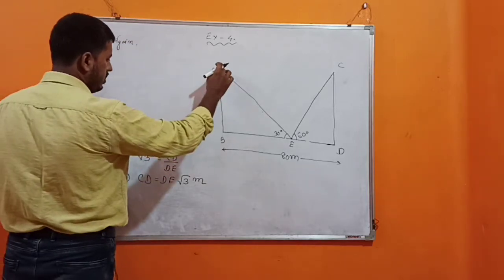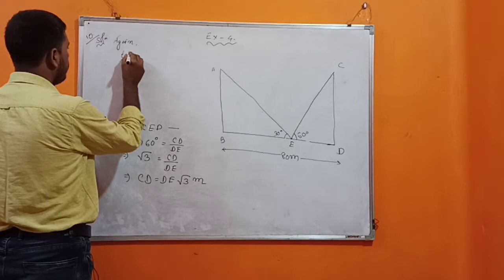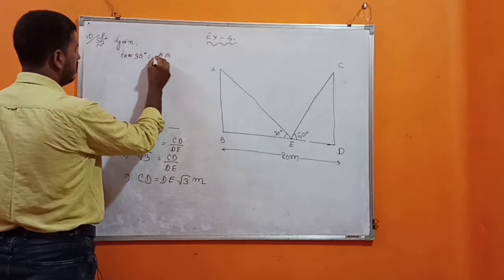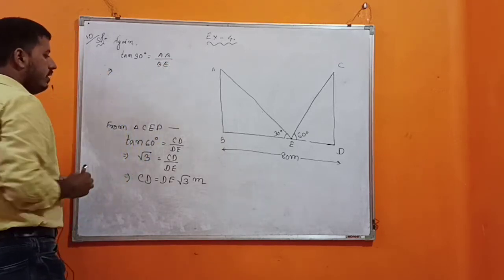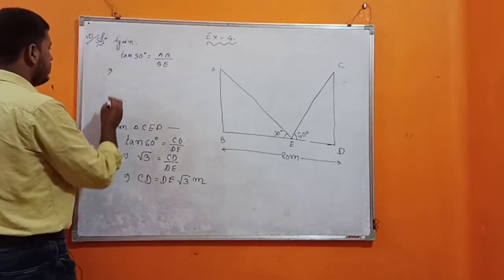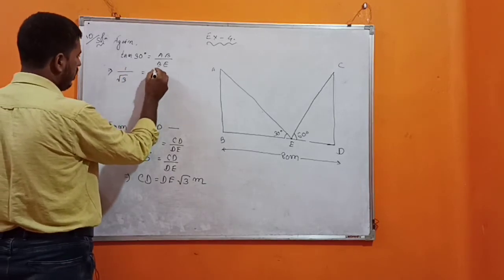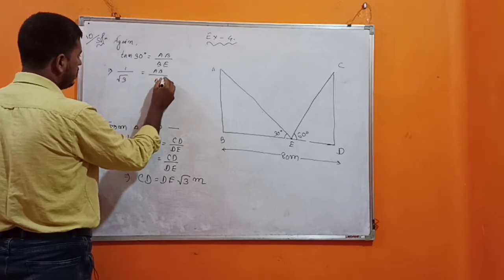Now considering the second triangle, from this triangle ABE, we can write tan 30 equals AB by BE, and tan 30 can be written as 1 by root 3. AB here will be AB, BE here will also remain as BE.